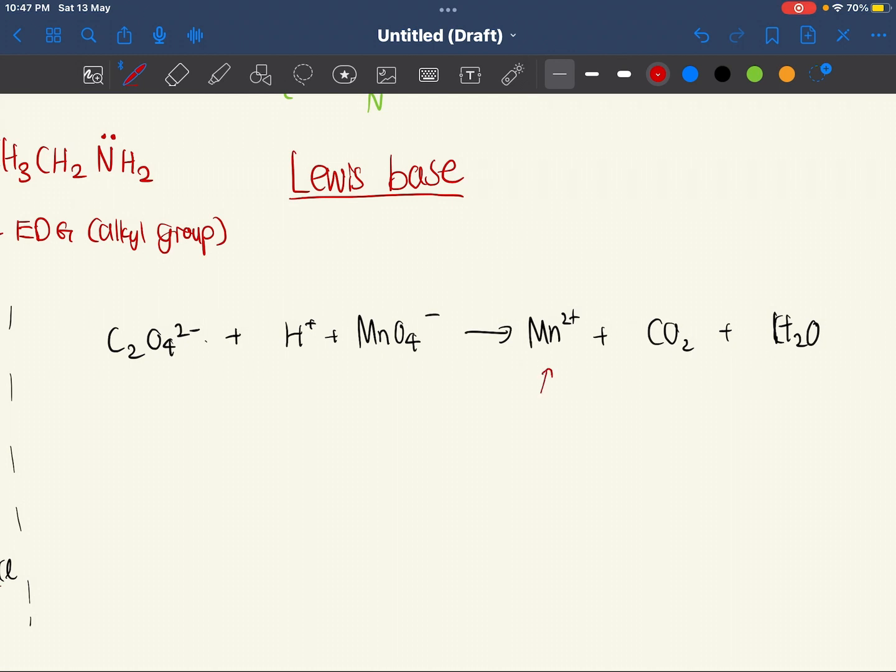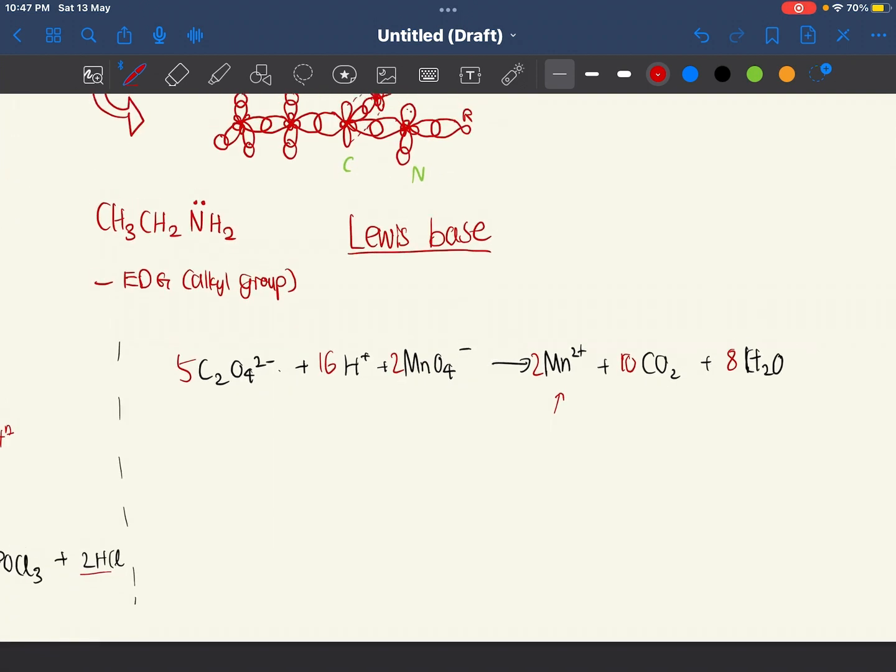So Mn2 plus is your autocatalyst. So the mole ratio is 5 to 16 to 2 to 2 to 10 to 8. Right, so this is the mole ratio. I've rarely seen this being asked, but it's good to know nonetheless.